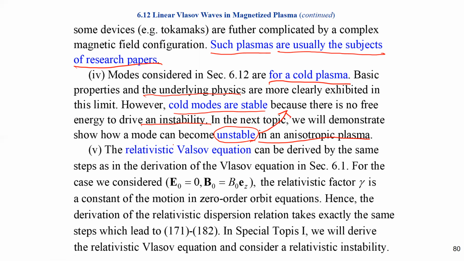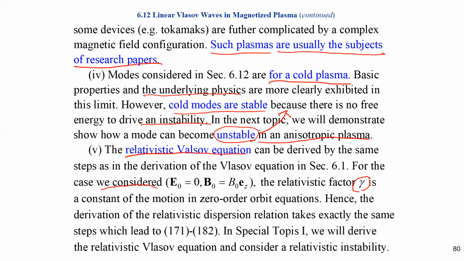The relativistic Vlasov equation can be derived by the same steps as in the derivation of the Vlasov equation in section 6.1. For the case we consider, the relativistic factor gamma is a constant of the motion in the zero-order orbit equation.